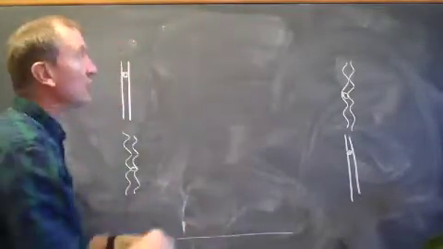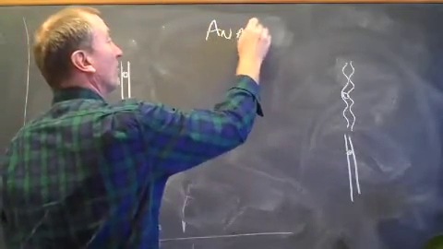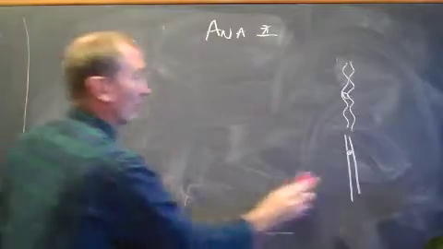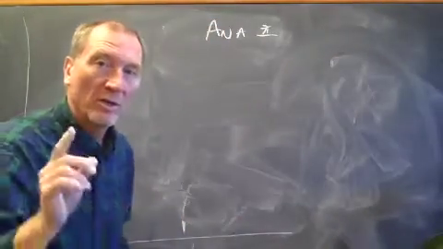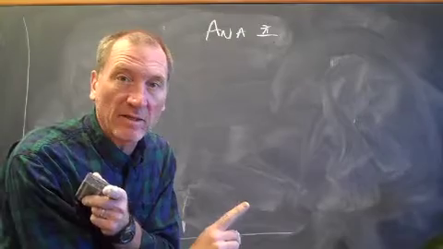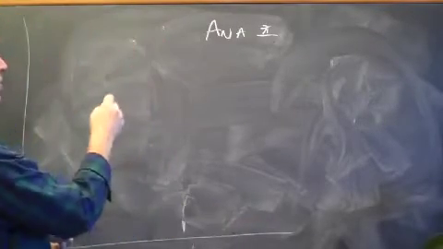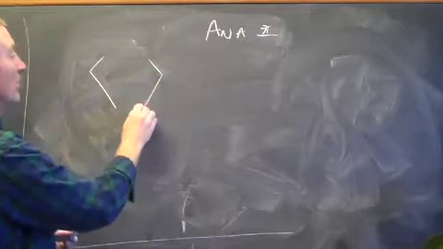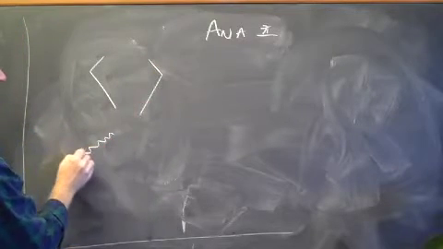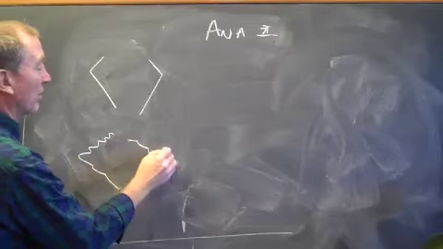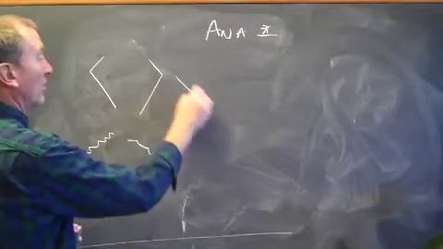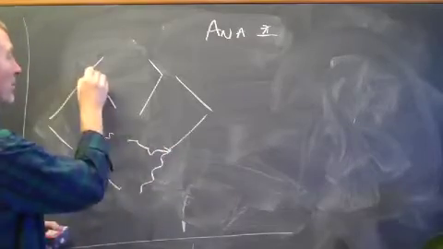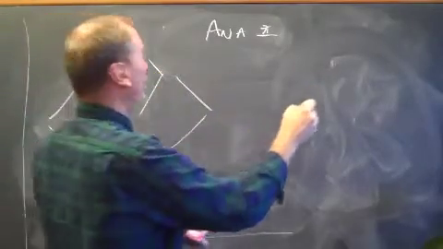In anaphase 2, the sister chromatids split at the centromere. I think I had the straight ones up here and squiggly down here, with spindle fibers pulling them away. And the same thing happens at the other pole.